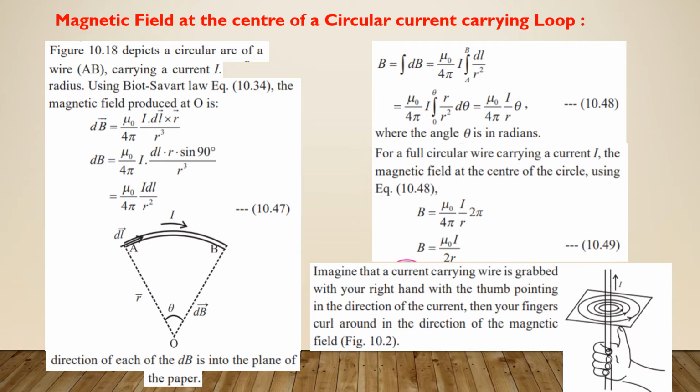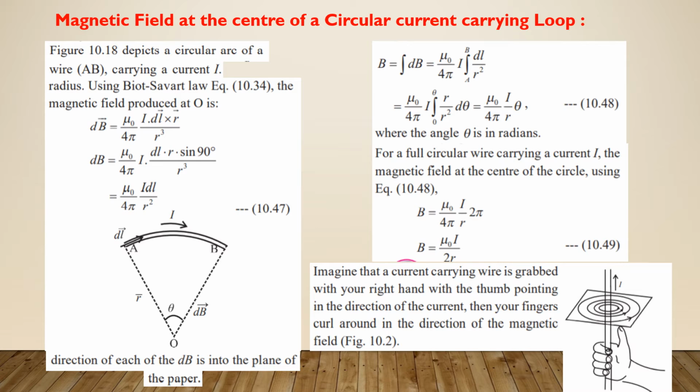If we apply the right hand rule here, the direction of each dB due to each small element is perpendicular to the plane and directed inwards. Therefore, the total field B is equal to the integral of dB.